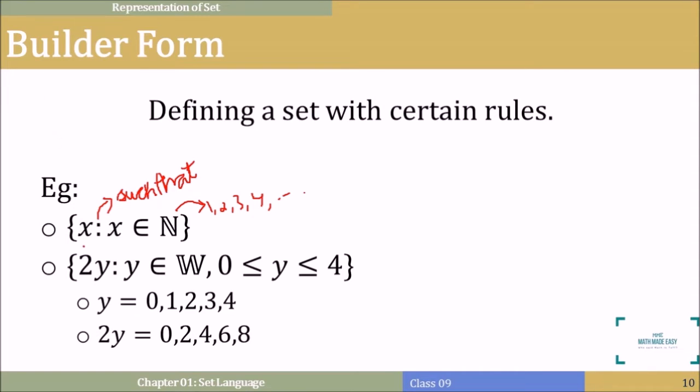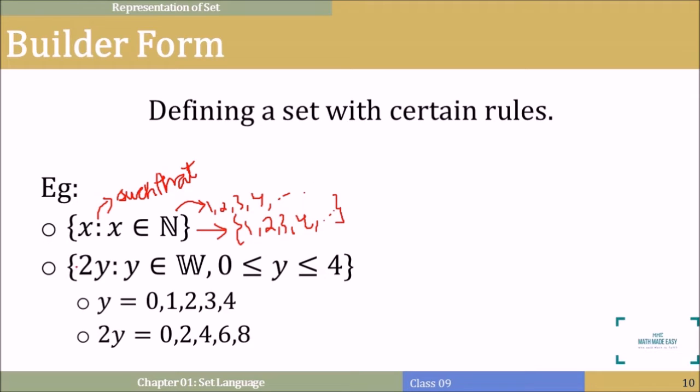We are supposed to find the x elements and we are given the nature of x, which is natural numbers. We apply it to x, and this set can be represented as the set 1, 2, 3, 4, and it goes on infinitely.